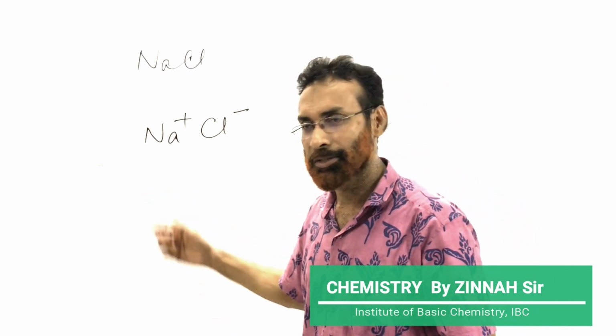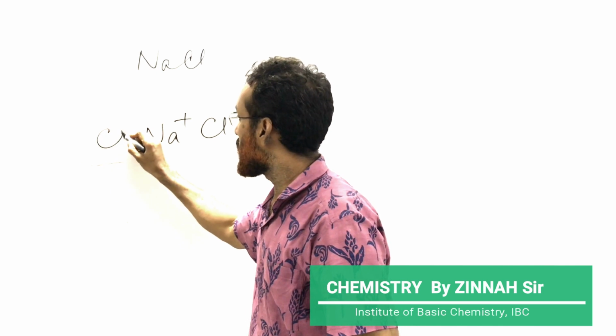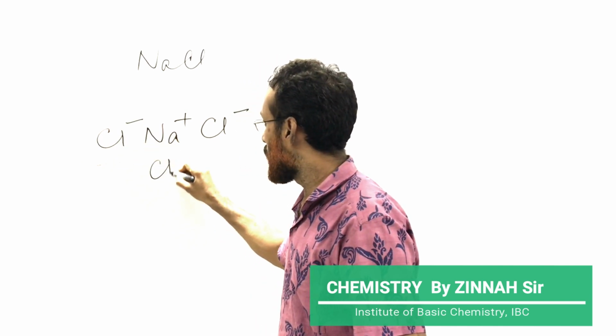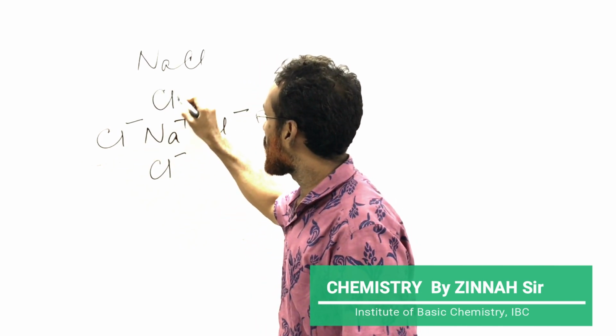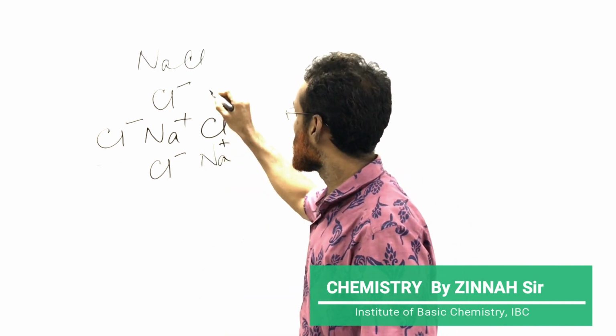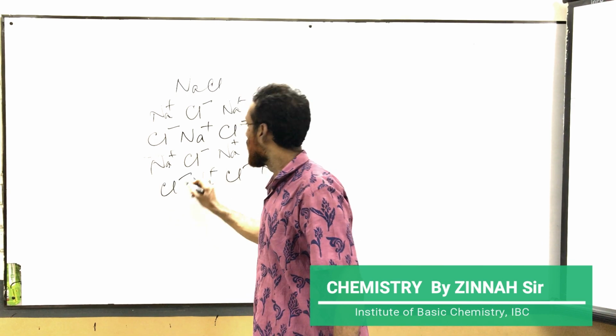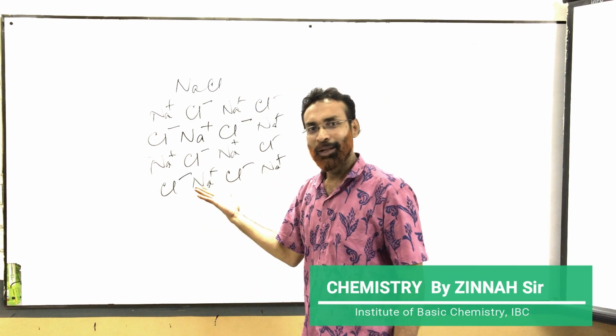I'm going to show it. Here is a sodium ion and here is a chloride ion, and here I write another chloride, here also another chloride. So I'll give some sodium ions. Here is sodium ion, chloride ion, sodium ion, and chloride ions. Look at this.